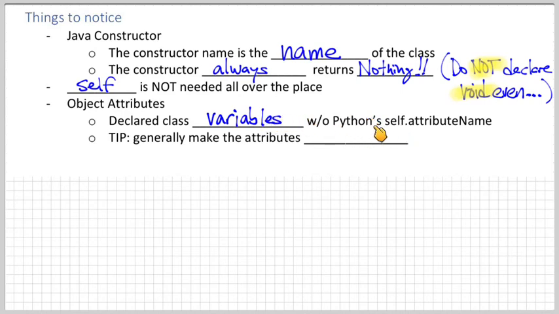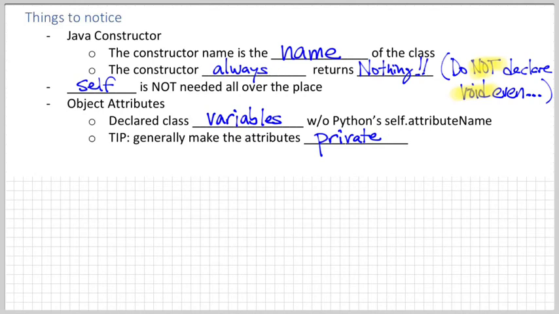In Python, it was self.attribute_name, but now you just define this attribute name as a variable at the top level of your class, you could say. And generally, we follow good object-oriented philosophies, and we make all of those attributes private, so they're not allowed to be touched or modified or even read unless you're doing it through the use of a method.